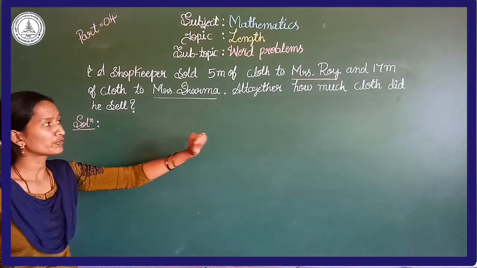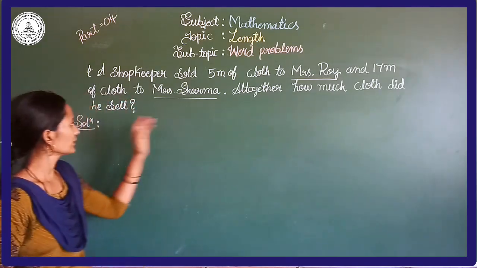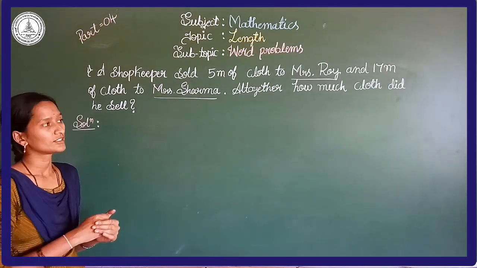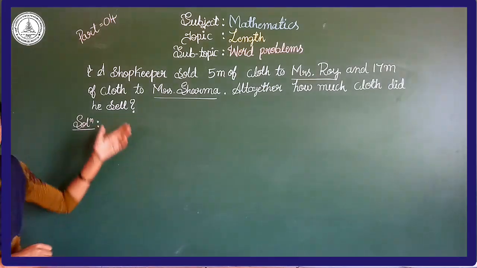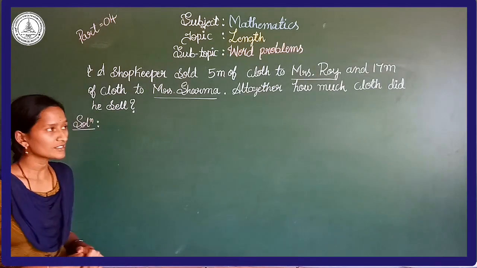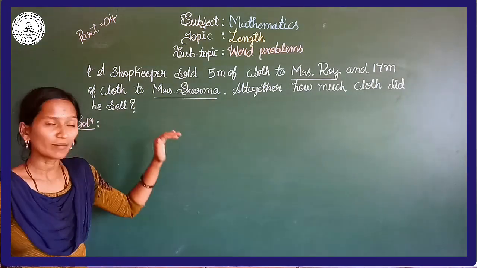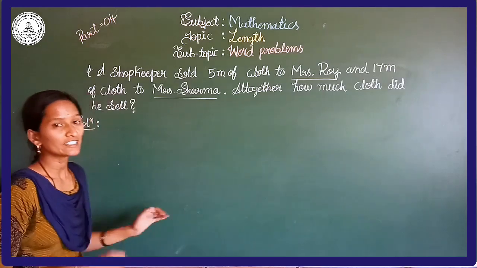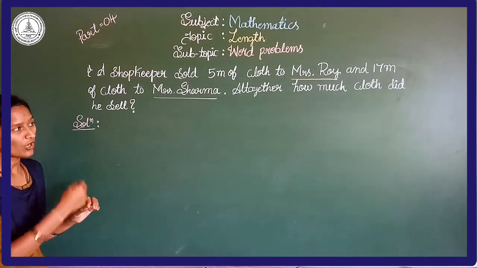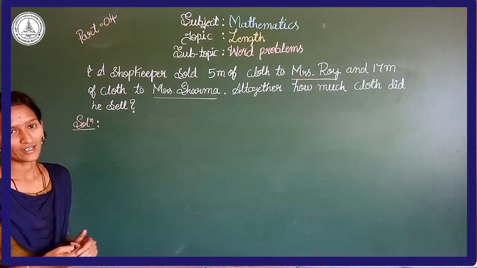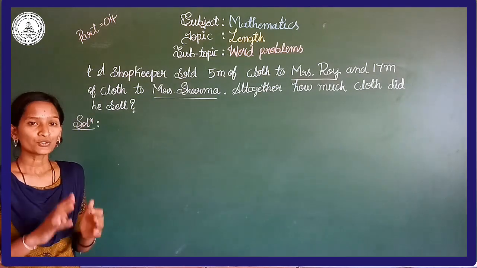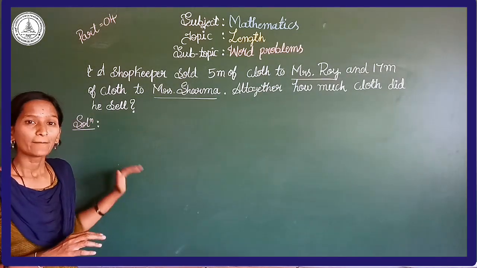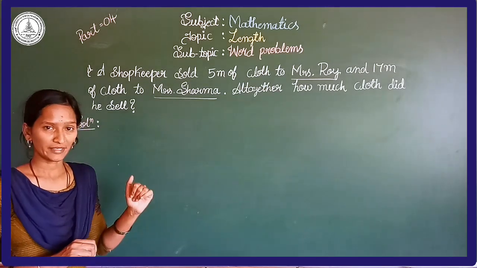So here you have to find out how much cloth did he sell. This shopkeeper, how much the total cloth sold by this shopkeeper. Means you have to add these two numbers, a 5 meter and a 17 meter, then you are getting the total cloth did he sell, right? So students, you have to solve this problem step by step by writing with the correct statement, right?